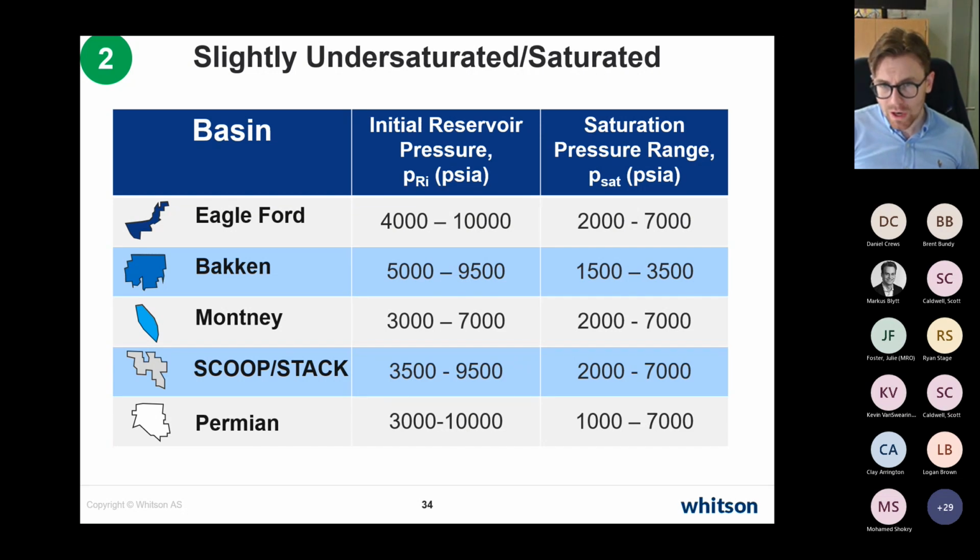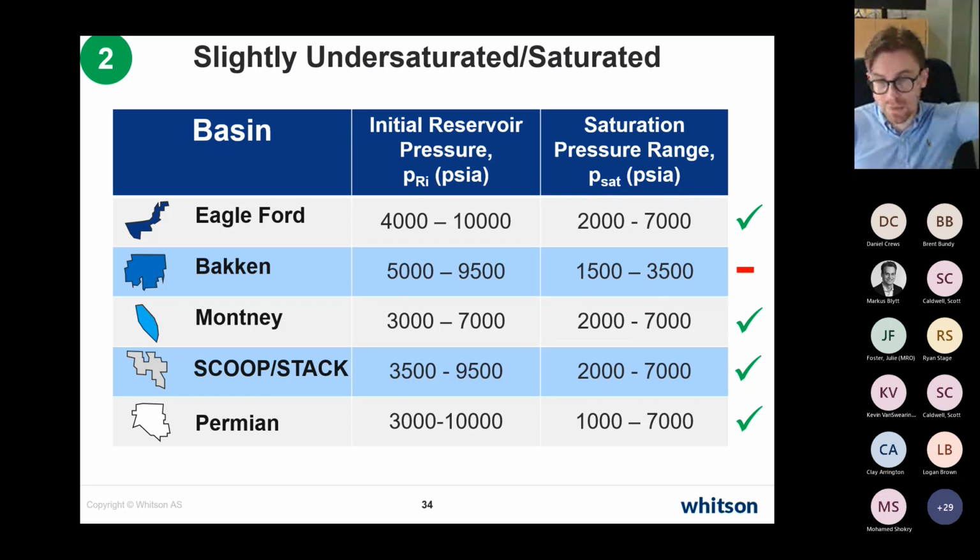If you compare the initial reservoir pressures with the saturation pressures in the basin, you will see that there's some overlap in every single case, maybe except the Bakken. What that means is that you'll have areas in these basins that have a saturation pressure or bubble point very close to the initial reservoir pressure, or even higher.